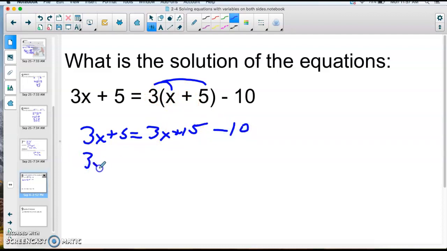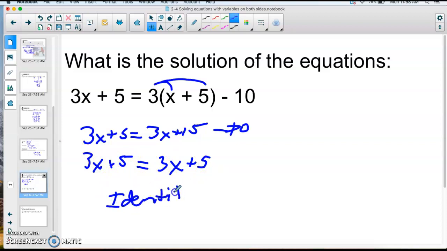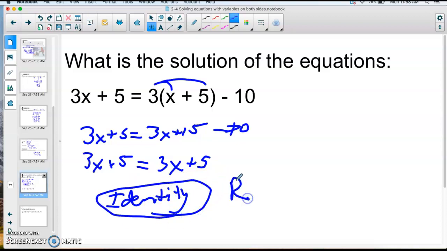Okay, now we combine like terms. 3x plus 5 equals, if we combine the numbers together, oh, I'm sorry, that's 10 still, so we get 3x. 15 minus 10 is 5. And already I can see it's the same on both sides, right? So we have the identity. All the real numbers will work. That stands for real numbers. Any number you plug into that equation will work.